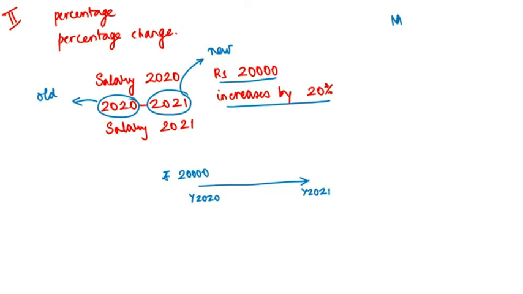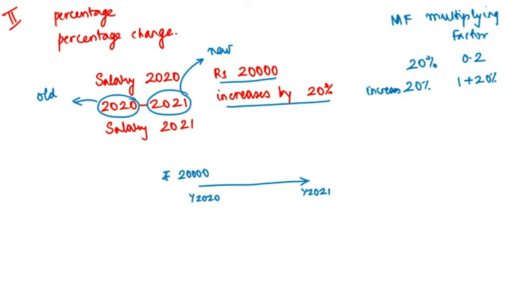This is where I am going to talk about the concept of multiplying factor. If he says 20%, multiplying factor is 0.2. If he says increases by 20%, multiplying factor is 1 plus 20%, that is nothing but 1.2.